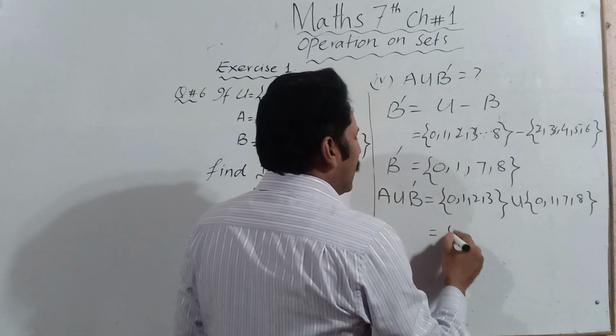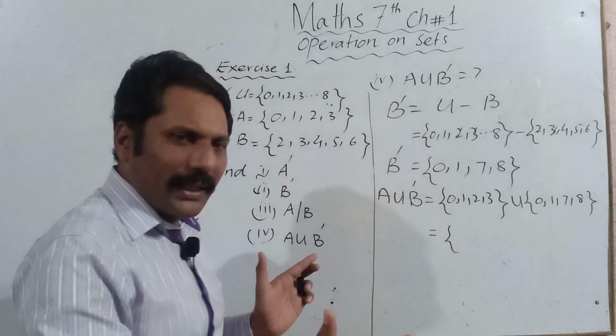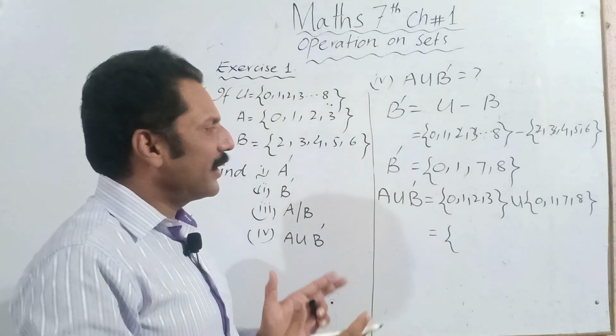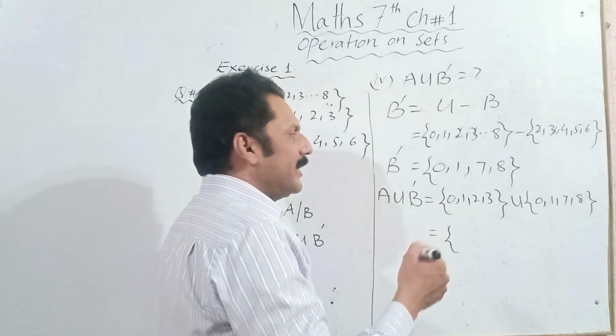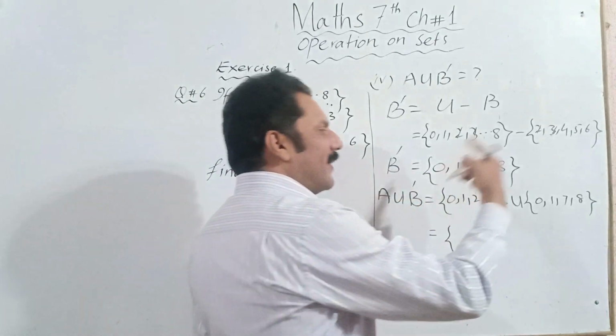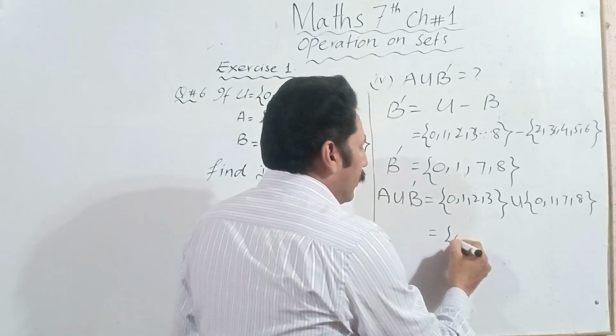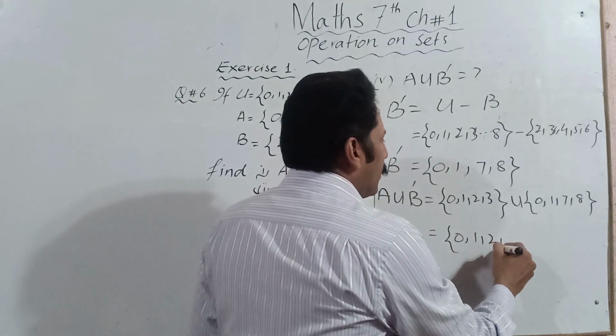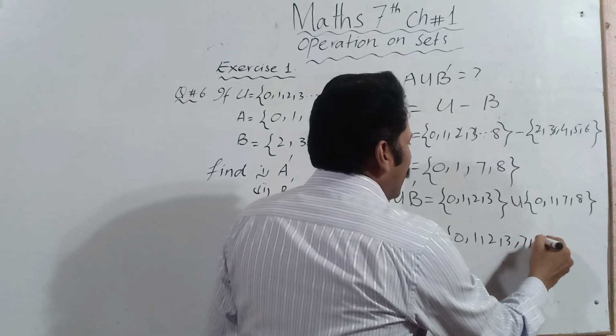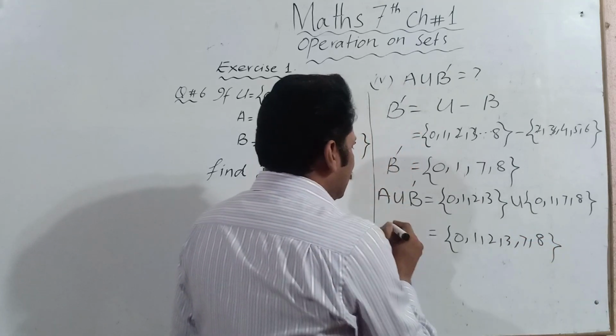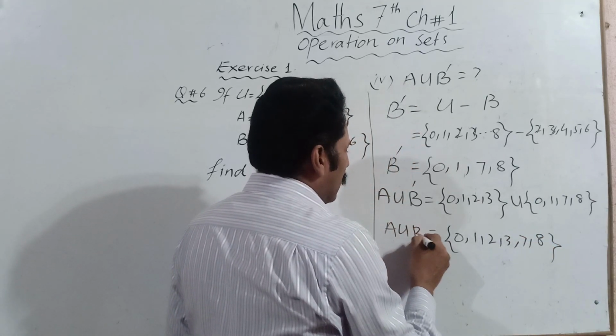Okay, because there is union sign, so we will combine these two sets. We will write all the elements in set A as well as all the elements in set B complement. So 0, 1, 2, 3, 7, 8. This is our answer.